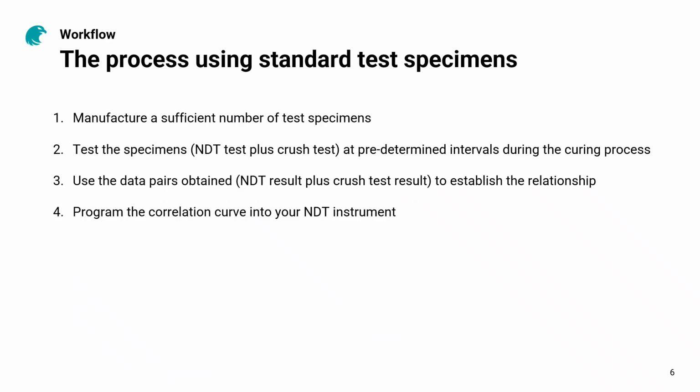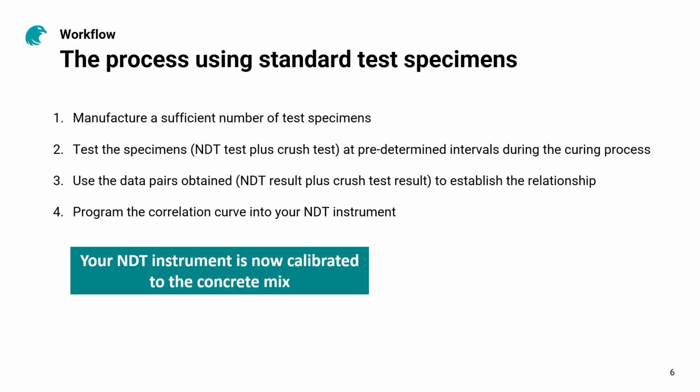So the process using standard test specimens looks like this. First of all, we manufacture a sufficient number of test specimens. Then we test the specimens both with the NDT and the crush test at predetermined intervals during the curing process. We use the data pairs obtained to establish the relationship, and finally we program the correlation curve into your NDT instrument.